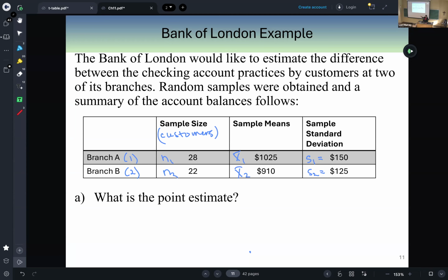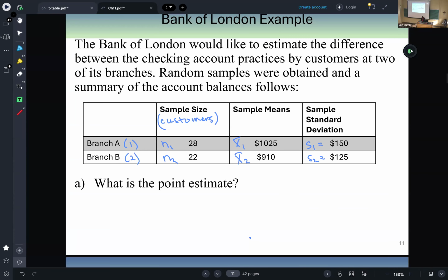So what is our point estimate? The point estimate is the difference between the 2 averages. Branch A has a lot more money in the average, but we'll run this through and see. We put this in, and let's see what you get.